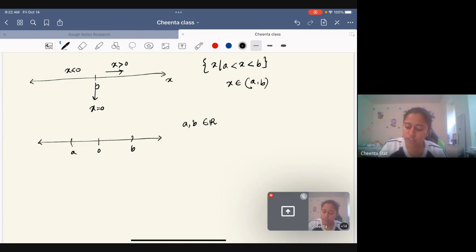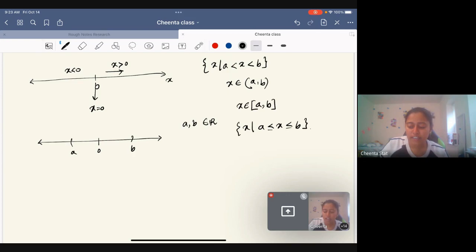But if we want to make it x belongs to the closed interval A and B, if we want to include the point A and point B, then we will write x such that A less than or equal to x less than or equal to B. So this is how we write.